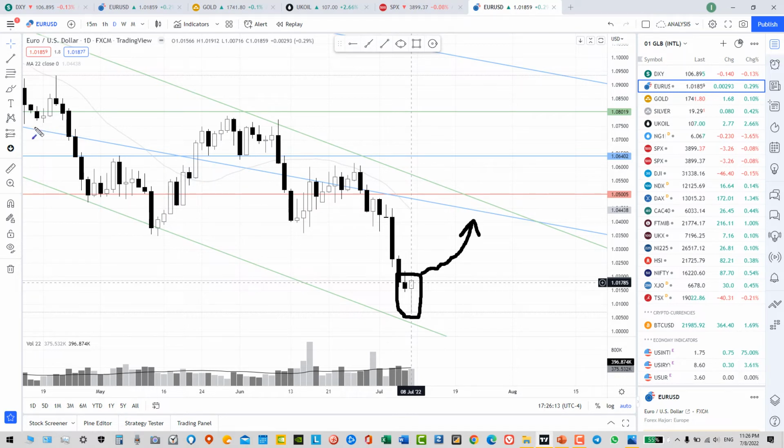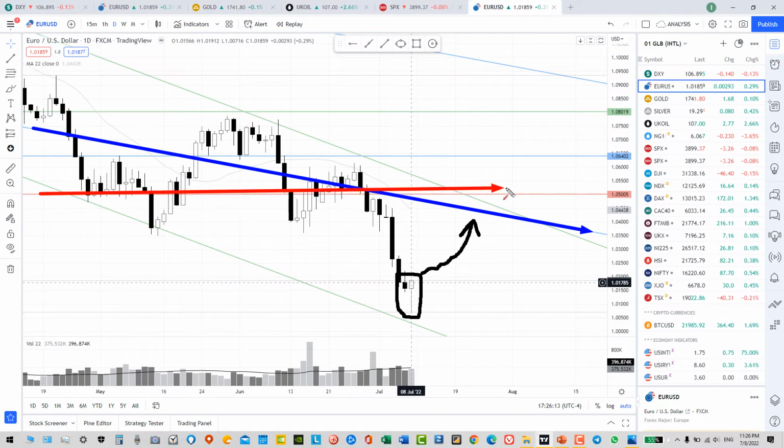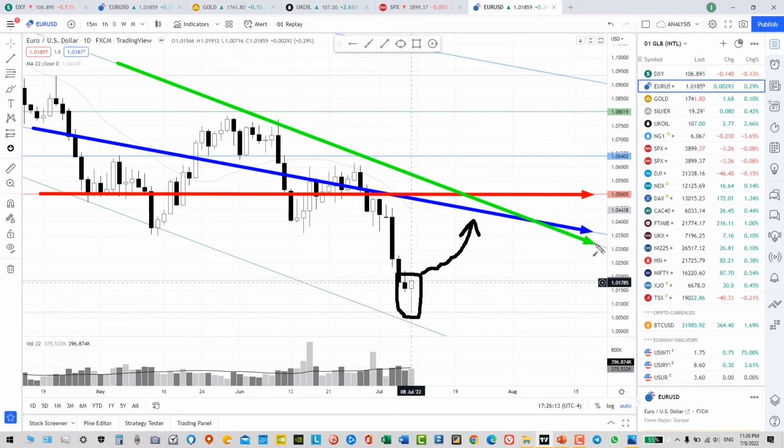First of all, it will face the downward channel line from the weekly chart. It will face the major horizontal resistance from the monthly chart, and it will face the downtrend line over the daily chart. It's a bunch of resistance ranging from approximately 1.04 up to 1.05, and you may expect it up to 1.06.